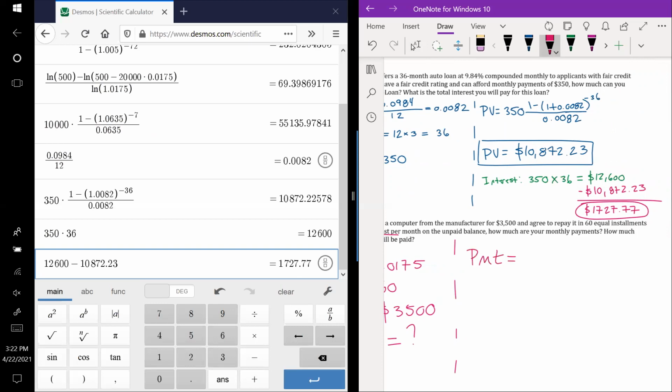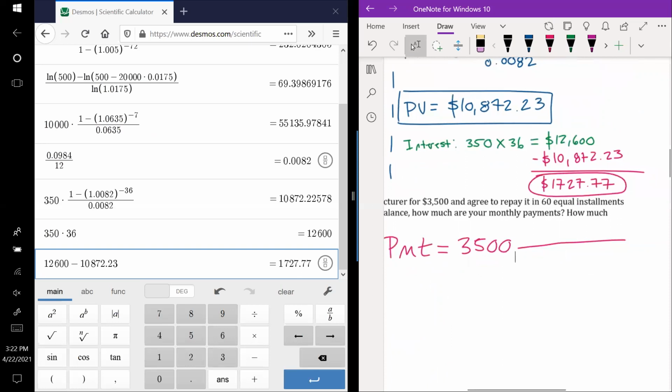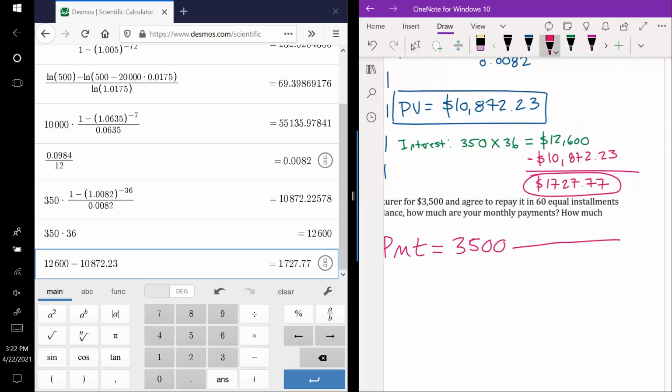So payment will be 3,500 times, and the payment formula is going to be I, which is 0.0175 over 1 minus 1 plus 0.0175 raised to the negative 60.